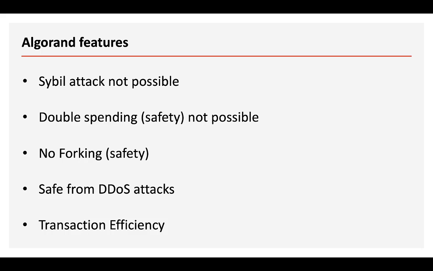So one more thing is that in Algorand there is no forking possibility, because everything is done together, unlike the Bitcoin blockchain where everybody is creating their own block.